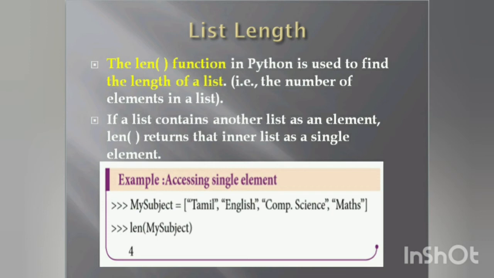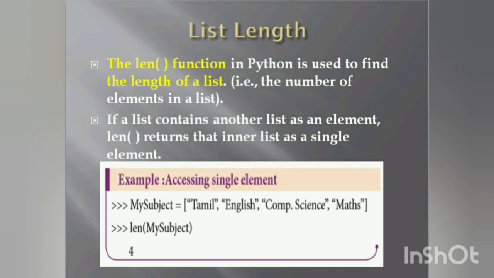Here, if a list contains another list as an element, that is a nested list, the len function returns that inner list as a single element. Suppose for example, mark1 is equal to, within the square brackets, 10, 12, 30, then one more square bracket with 1, 2.